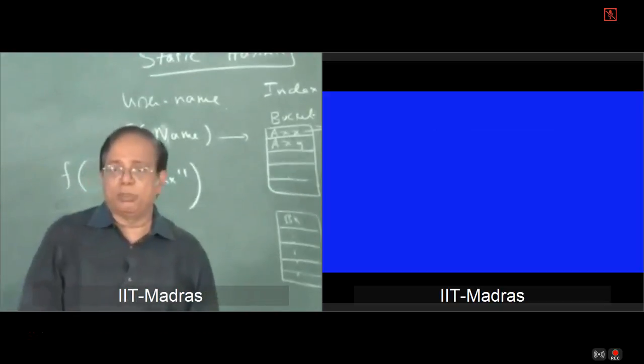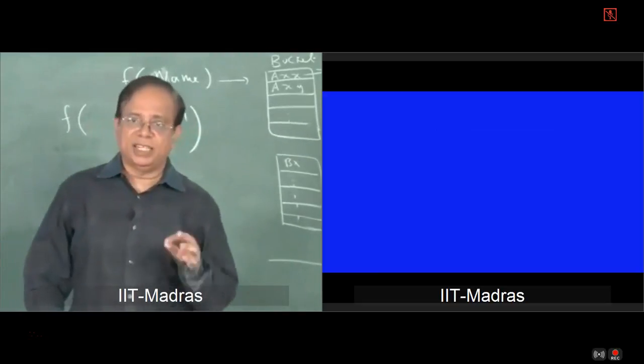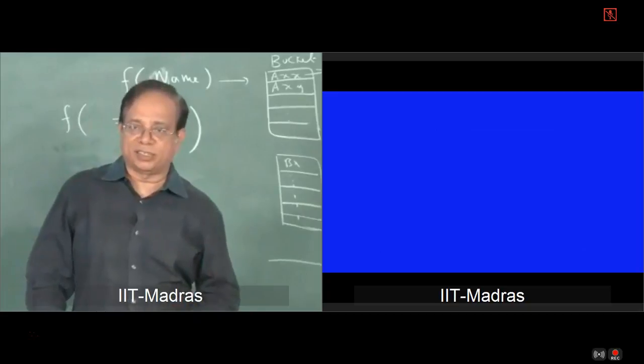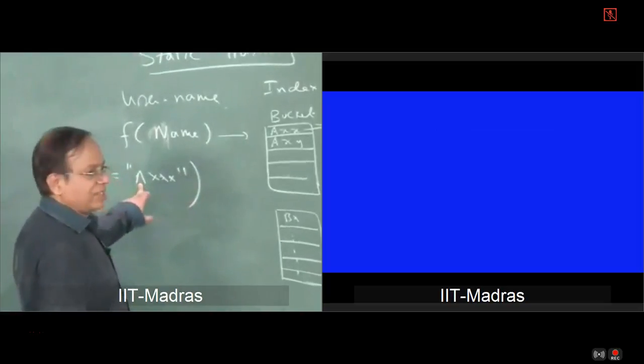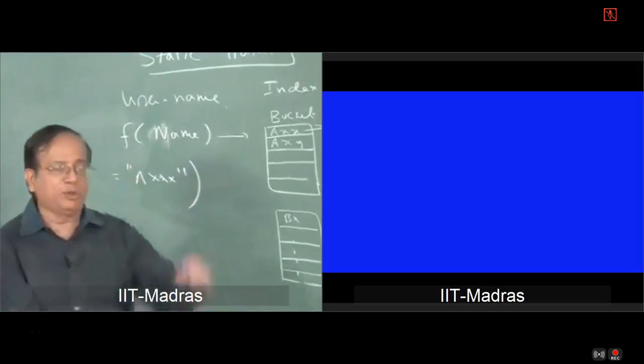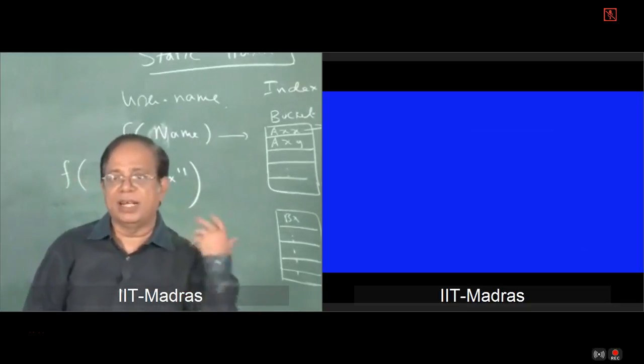The second important thing is that hashing is good only for equality search. For example, here you are saying given a name you want to retrieve the record. This is an equality search. Given the name Janaki Ram, you want to go and retrieve the record which has that name.